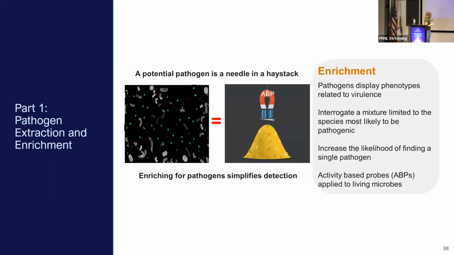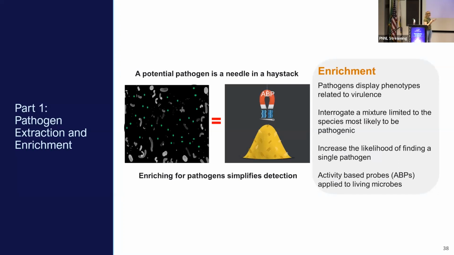So diving into part 1, these activity-based probes, ABPs, are looking for phenotypes that we already know strongly indicate a pathogenic bacteria. For example, toxin production, biofilm production, and up or down regulation of quorum sensing signals. So we know from known bacteria that these things are common pathogenic markers.